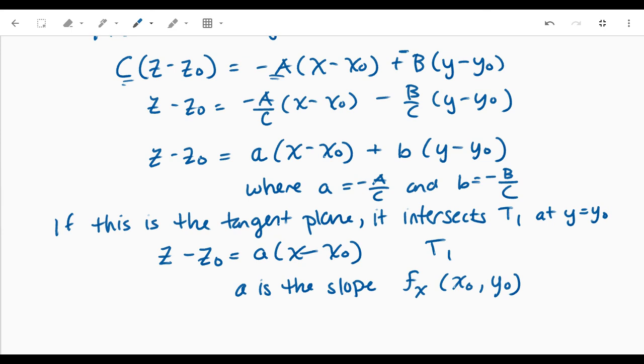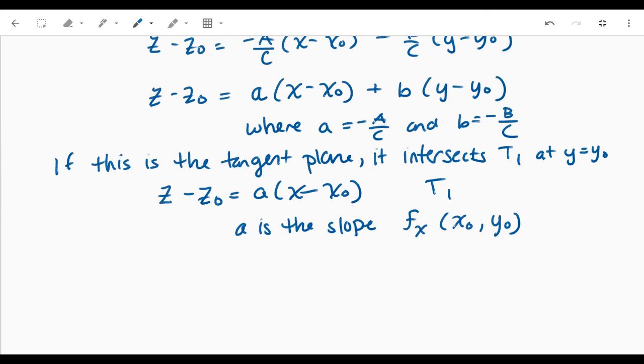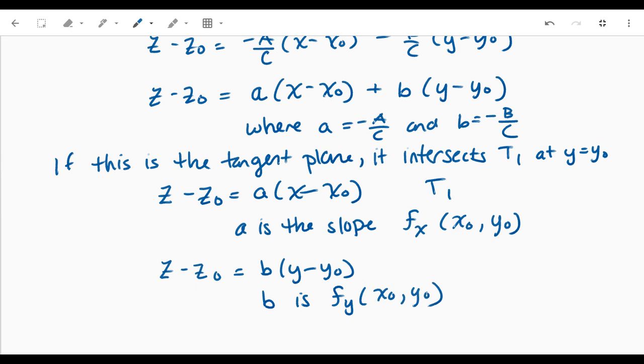Okay. Similarly, we could have z minus z naught equals b times y minus y naught, where b is partial y at x naught, y naught. Okay, and that would be T2.